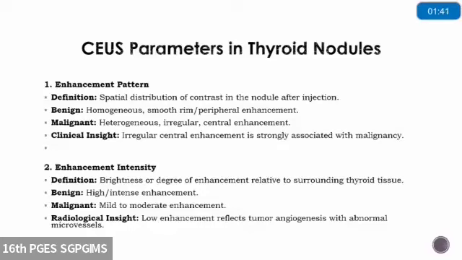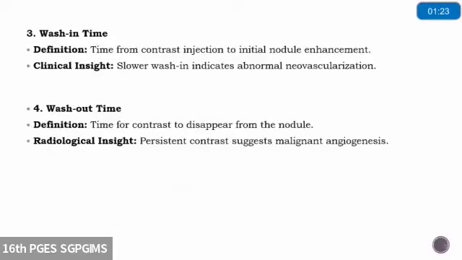The degree of enhancement also suggests whether the nodule is benign or malignant. Because of abnormal angiogenesis, malignant nodules enhance slightly less on contrast enhanced ultrasound. It is different from contrast enhanced CT and MRI. Also the wash-in time: if the nodules have a slow wash-in time, it indicates malignancy, and persistent contrast also suggests malignancy.